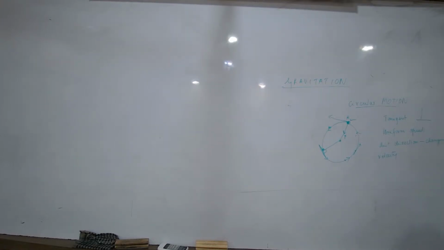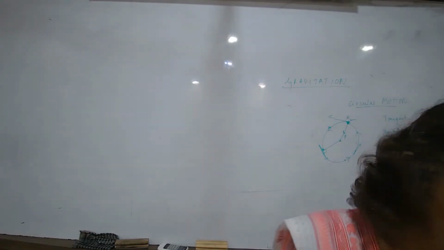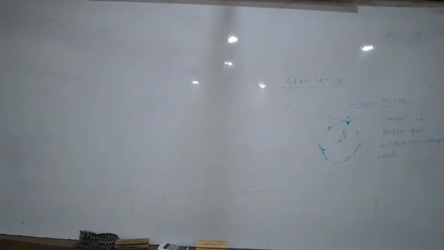Before I start, go to the first chapter, motion, and see the part on uniform circular motion. Now read the paragraph that I asked you to underline.